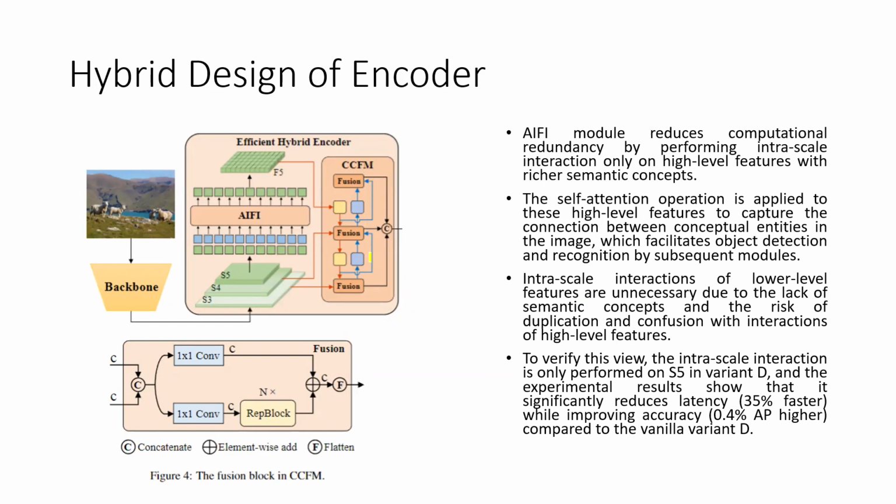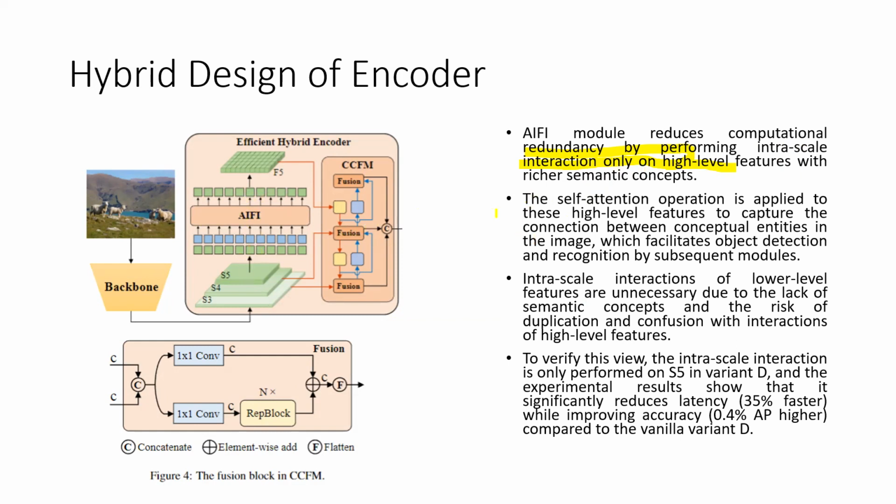So this is the design of their encoder. I have touched a bit on the AIFI module. AIFI was created to reduce computational redundancy by performing intra-scale interaction with only high-level features with richer semantic concepts. As I said earlier, they just use this S5 in the AIFI module to get rich semantic concepts.